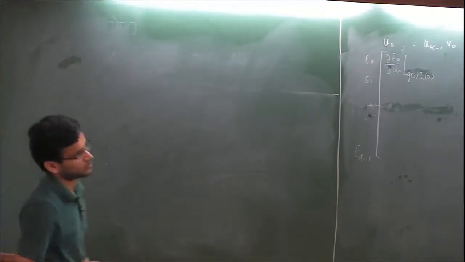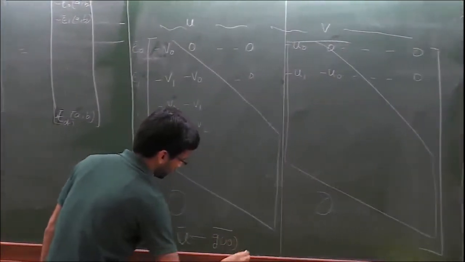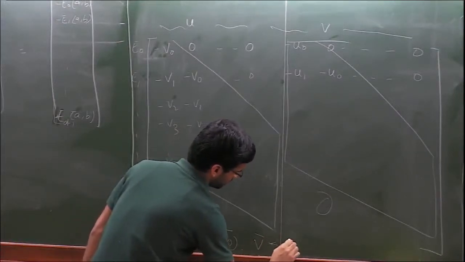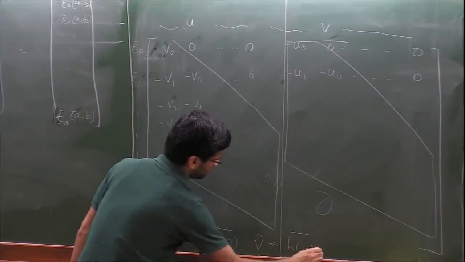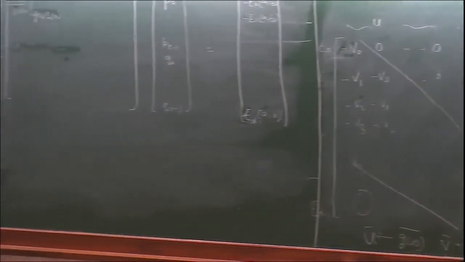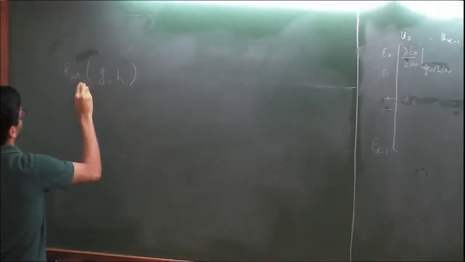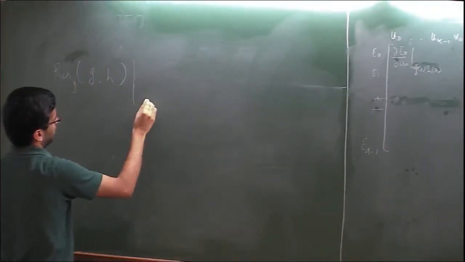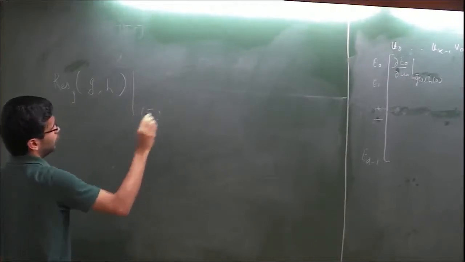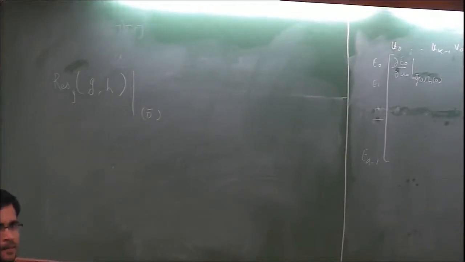All right, so we are looking at this matrix, and we are going to do the substitution that U is going to be replaced by G0 and V is going to be replaced by H0. So this is really the resultant of G, H with respect to Y, evaluated at the all zeros point.